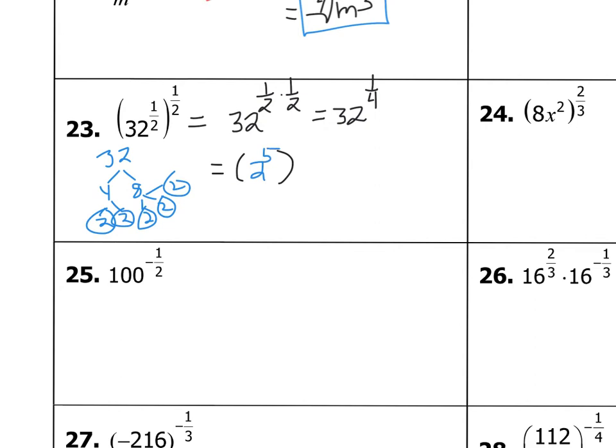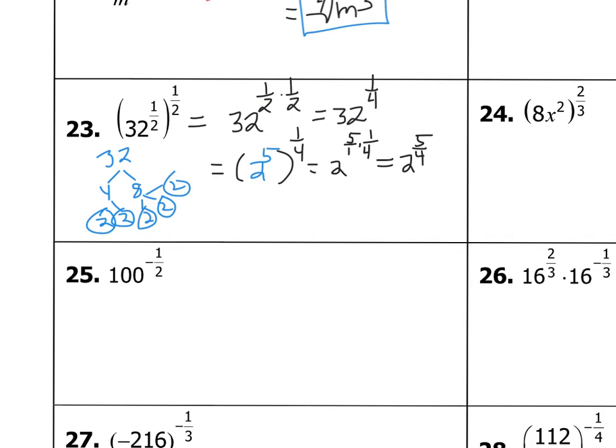But remember that base of 32 is being raised to the 1/4. So we have another power to a power situation, and we needed to do that in order to simplify our final radical. It'd be easiest. So we end up with 2 to the, and that 5th becomes 5/1 times 1/4, which equals 2 to the 5/4.